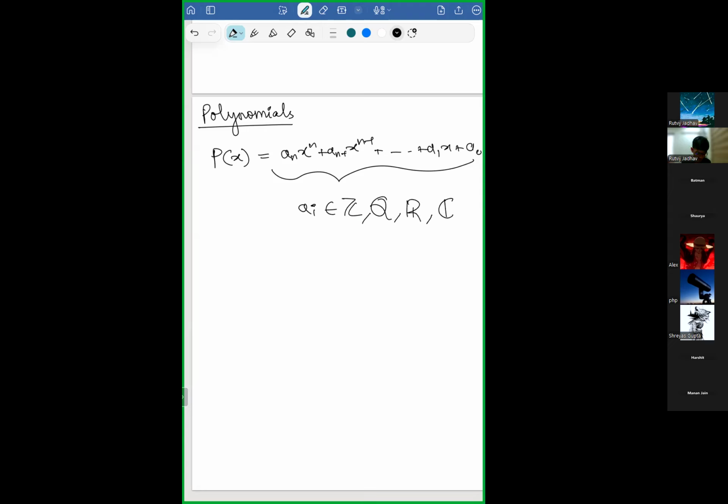And one condition we have here is that a_n is not equal to 0. Because if a_n equals 0, then we could have just started from x raised to n minus 1, right? Here we define the degree of a polynomial as the number n. So that's the degree of the polynomial p.